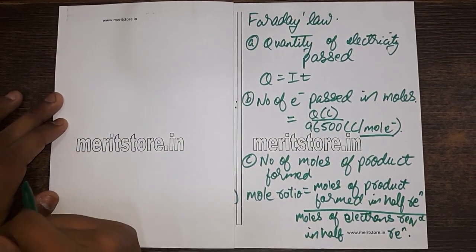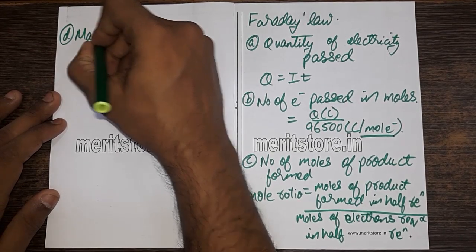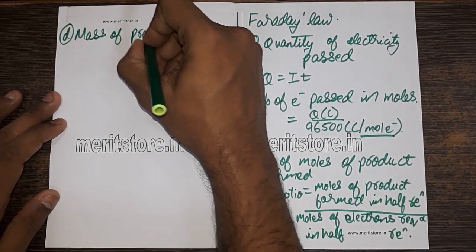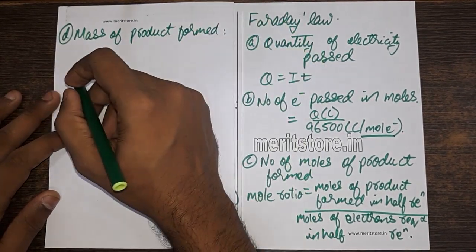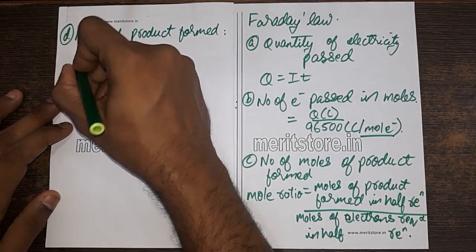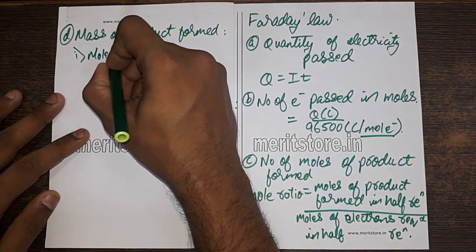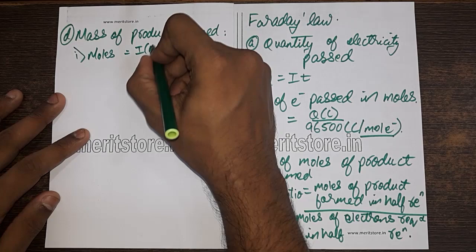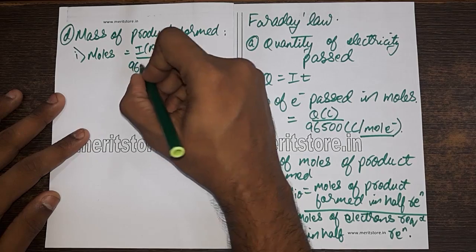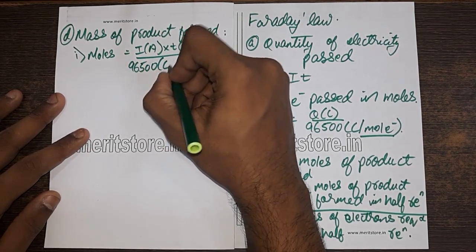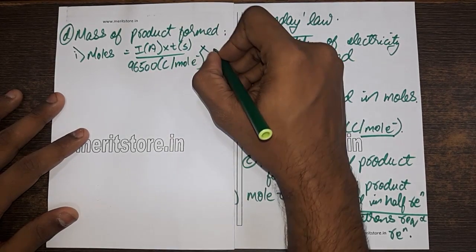Next, we calculate the mass of the product formed. It can be given by two parts. First, moles of the substance produced, which is equal to I of A into T of S upon 96500 in the terms of C per mole electron into the mole ratio.